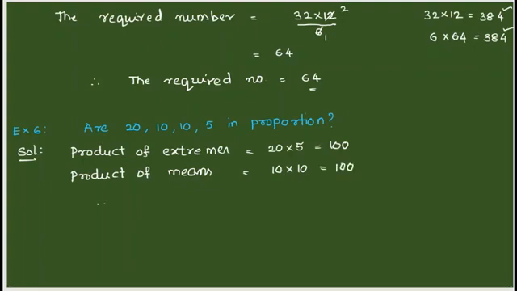Therefore, we can say that since product of extremes equals product of means, 20, 10, 10, 5 are in proportion. Now here one more thing you have to observe, children.